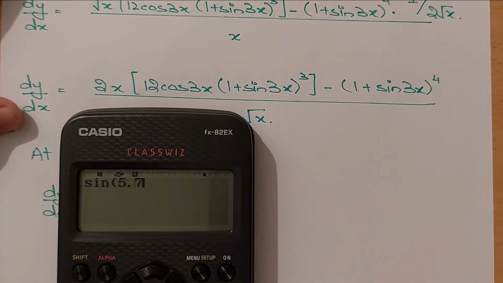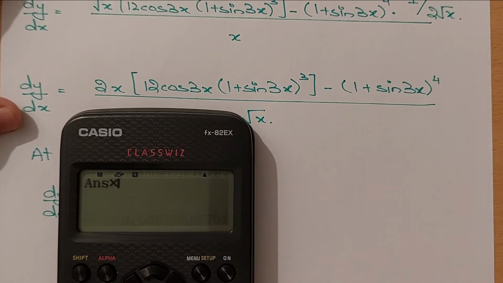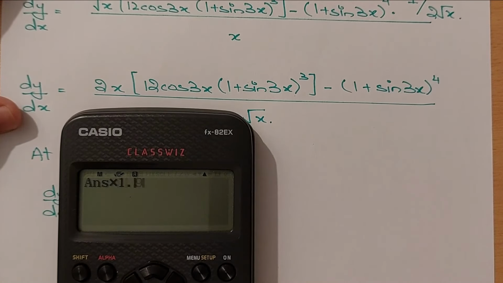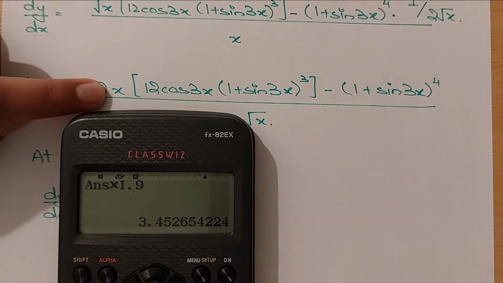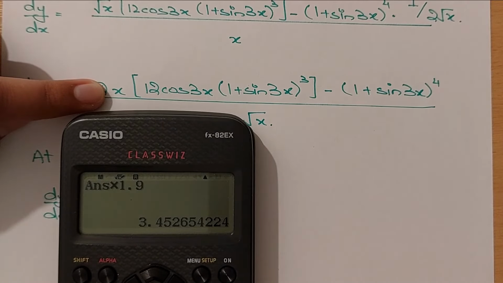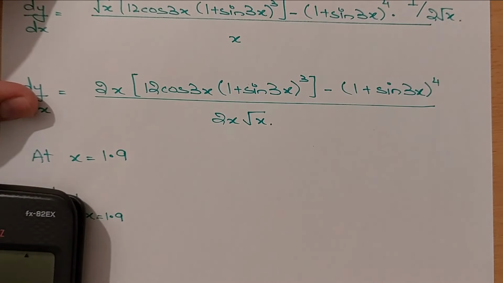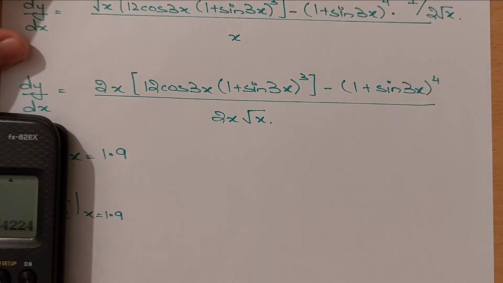Sine 5.7, add 1, and taking the cube of the answer, multiplying with cos 5.7 times 12, and then multiplying with 2, and then multiplying with 1.9. This x is 1.9, so that is 3.452 for this term. Let me write it down.